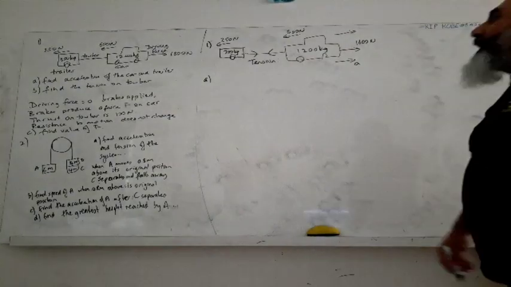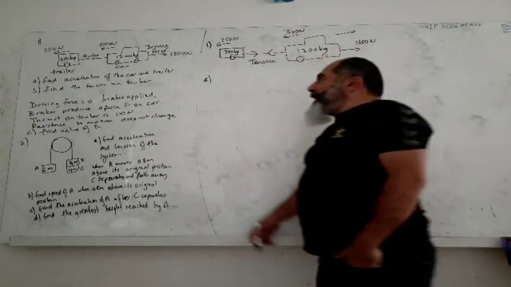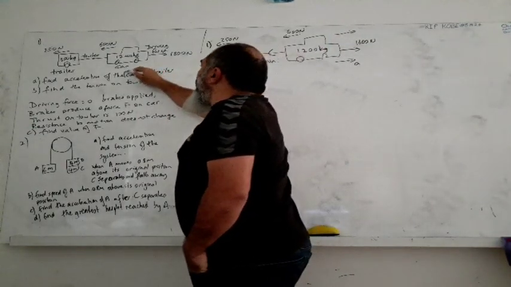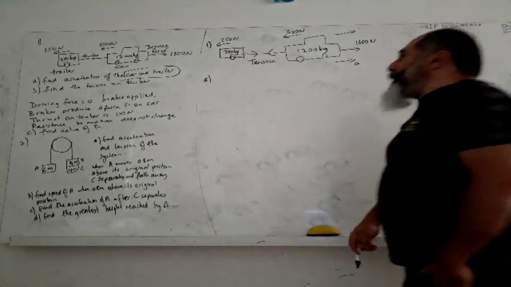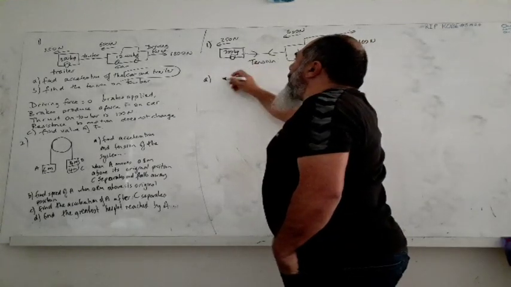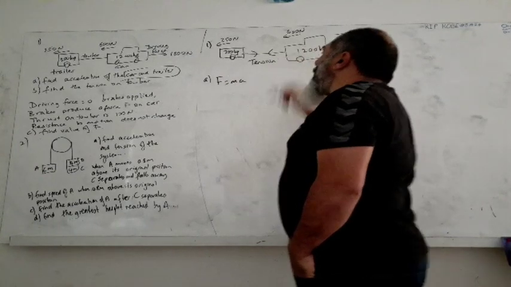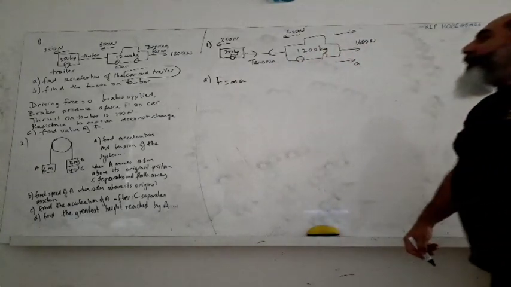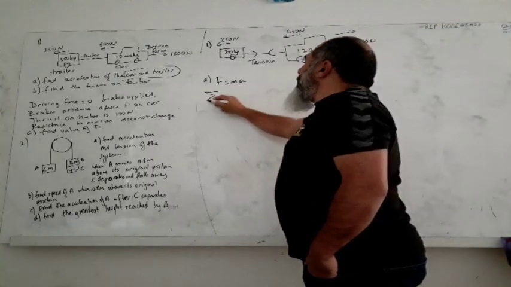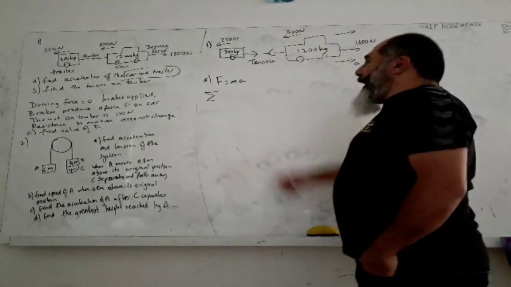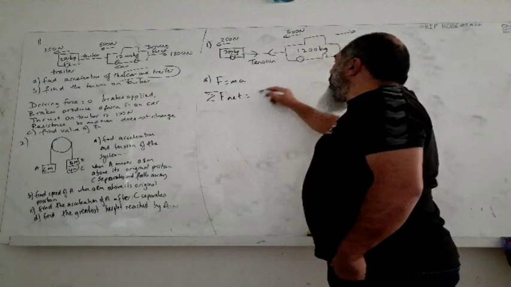So we are going to take the car and the trailer together as a single object. What is the formula that we are going to use? We are going to use force is equal to mass times acceleration. This is Newton's second law. And how do we calculate net force here? It is equal to mass times acceleration.